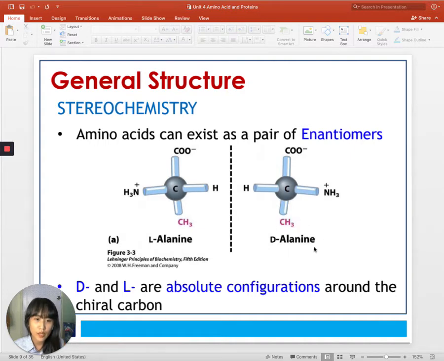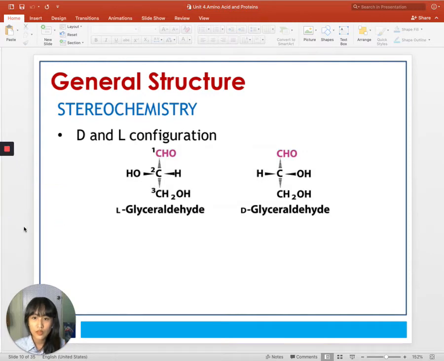Dextrorotatory, or the D behavior, refers to the clockwise rotation of the incident light. On the other hand, levorotatory, or the L behavior, refers to the counterclockwise rotation. So this is another example of stereochemistry, which shows the D and L configuration.